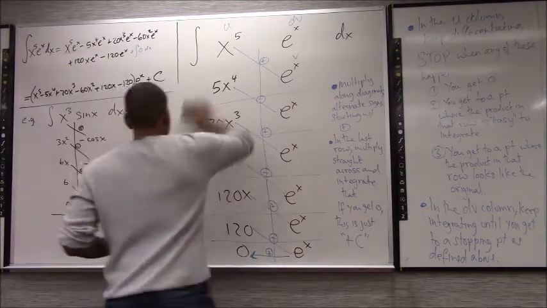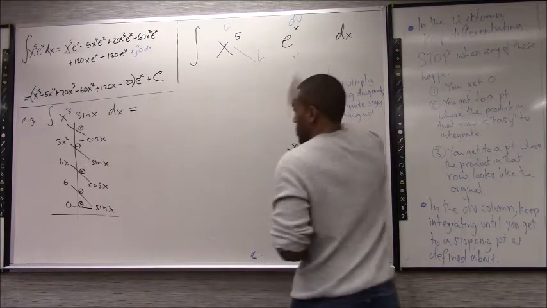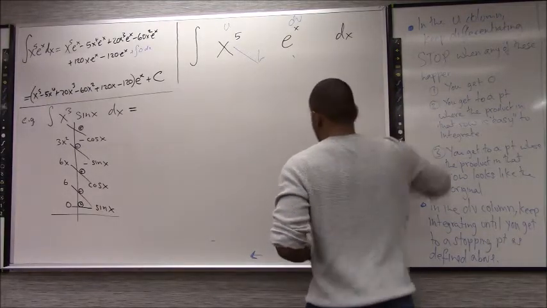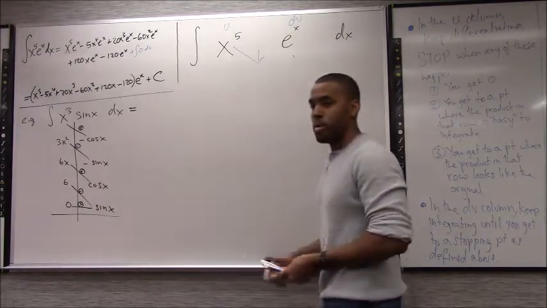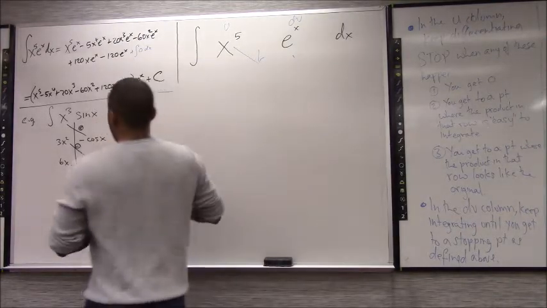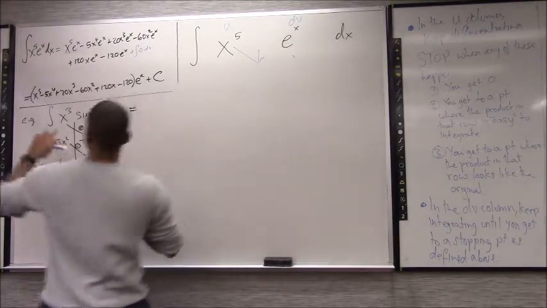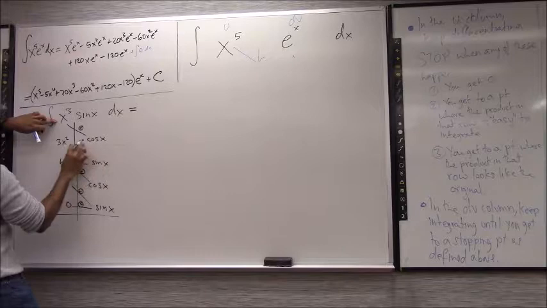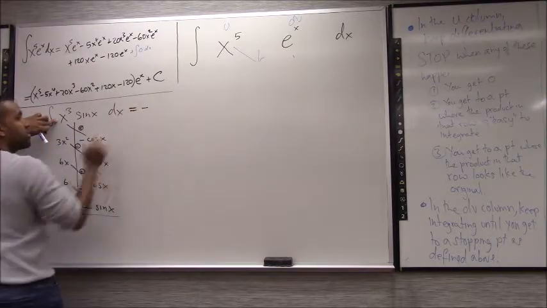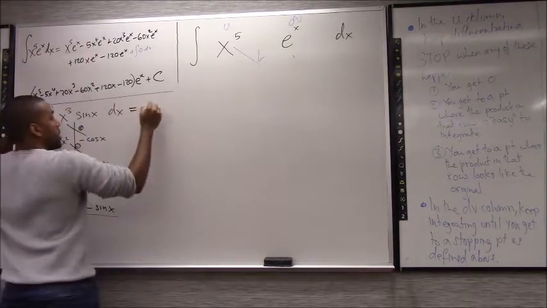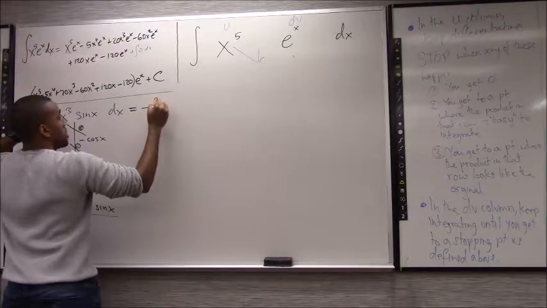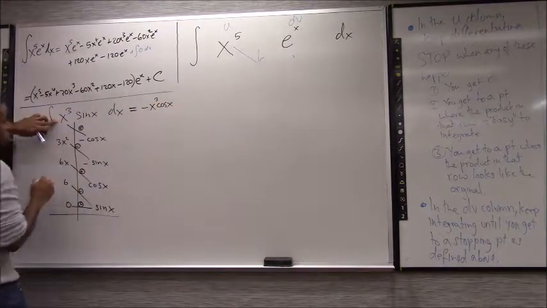And so what I did was like 3 integration by parts just now. And so that's going to be x cubed times minus cosine x. So this actually takes a negative sign. Our positive sign will not have any effect. So that's minus x cubed cosine x.